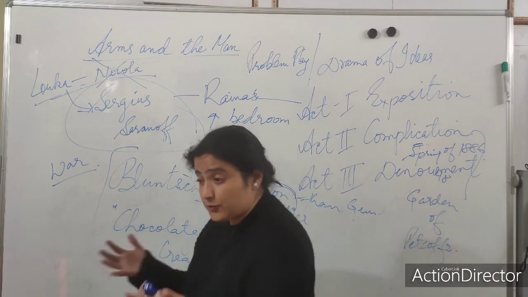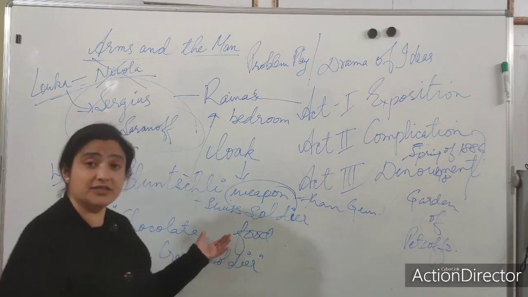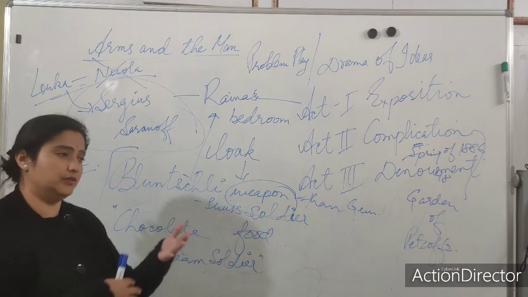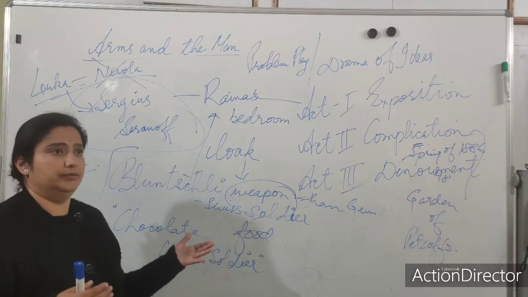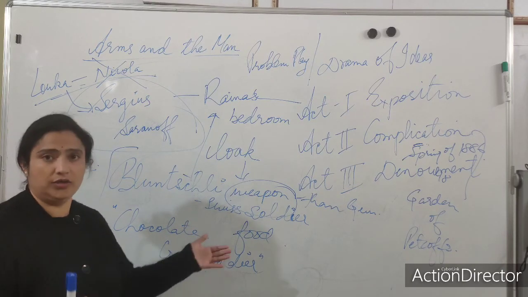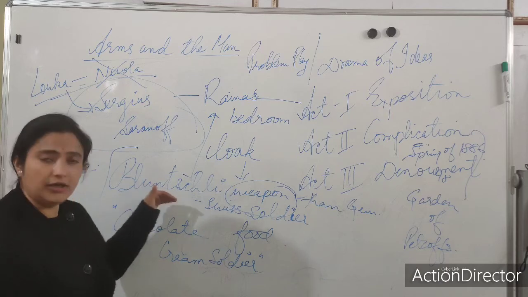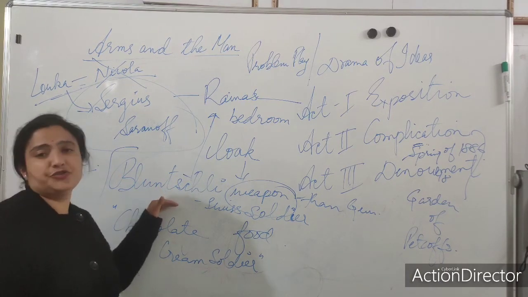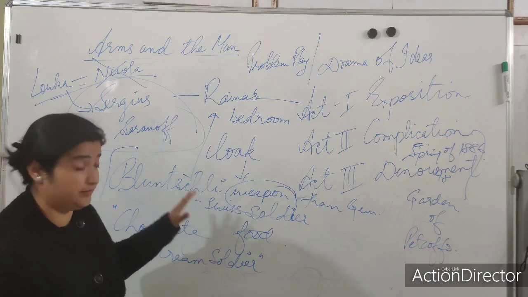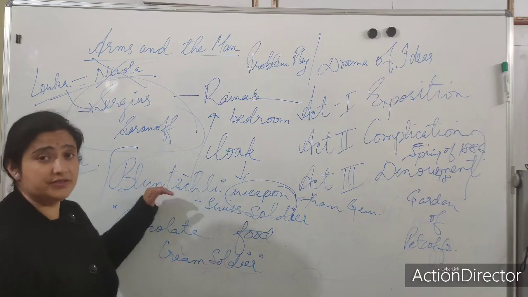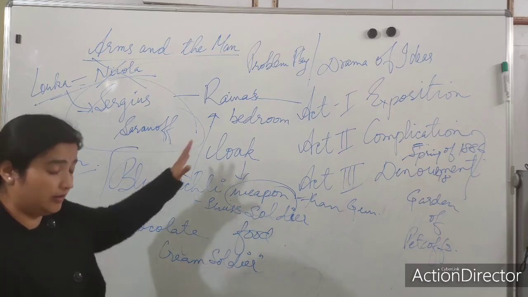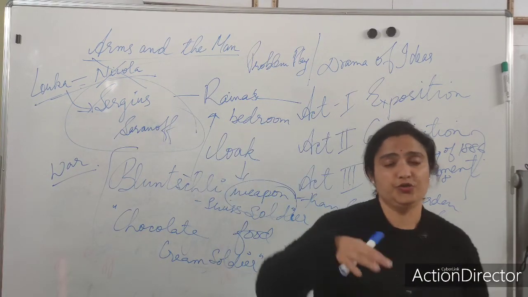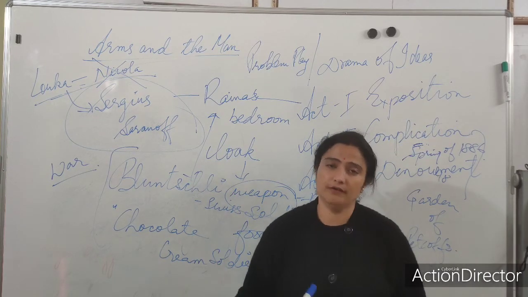But then they are so glad to learn that Bluntschli's father passes away, and he has left him a huge hotel which entirely belongs to him. So he has eventually become a rich man after the death of his father. And Bluntschli is such a person that he promises Nicola that he will take him in as his manager to manage all the hotels of his father.